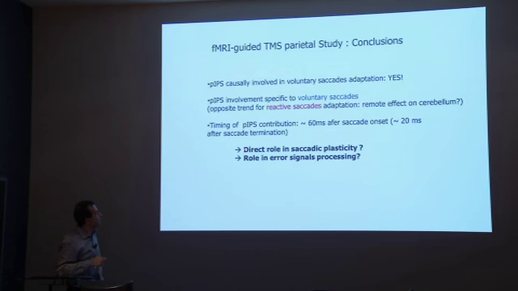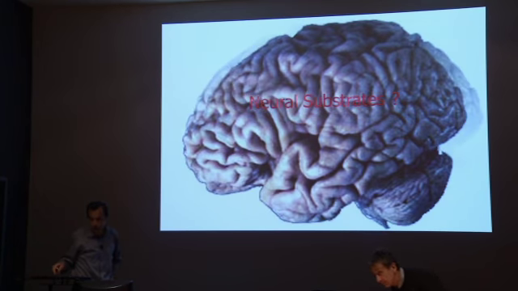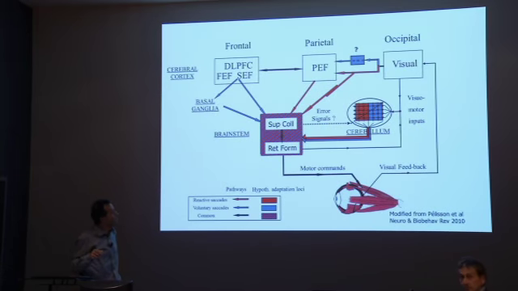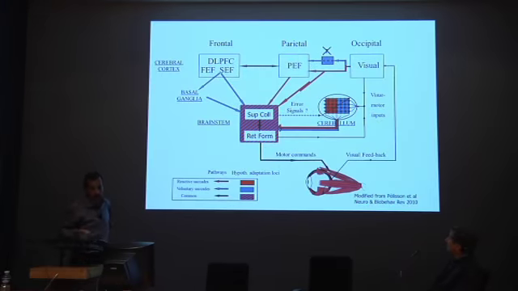So there are two possibilities. Our results might be interpreted as a direct role of parietal cortex in saccadic plasticity, or as a role in the processing of error signals which are leading to saccadic adaptation. So to modify the model that I presented earlier, we now can remove this question mark here, indicating that indeed there are some changes at the level of the parietal cortex during adaptation of voluntary saccades, as shown by fMRI and TMS studies.